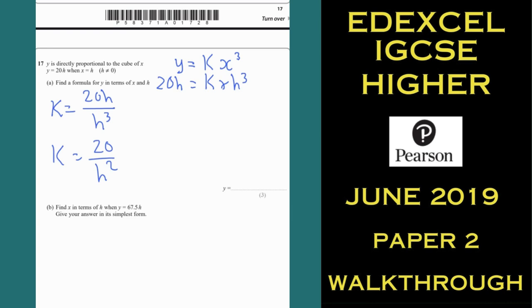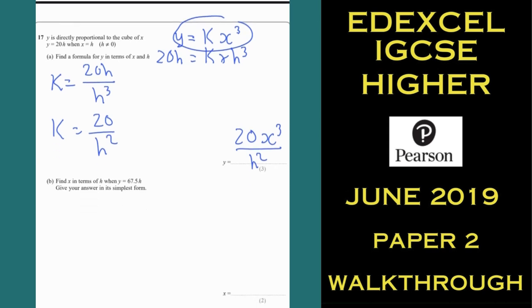You were always going to get something slightly more complicated in the way it was phrased. What would you normally do right now? You would take your original equation and whatever you got for k, you'd replace it. If k was 10, there'd be a 10 there. But k this time is 20 over h squared. It's weird, but it is what it is.